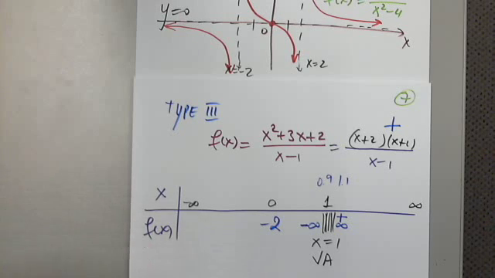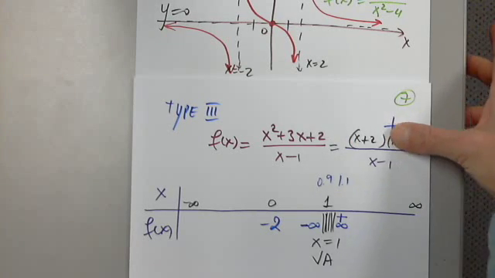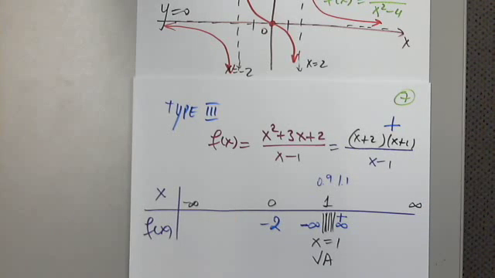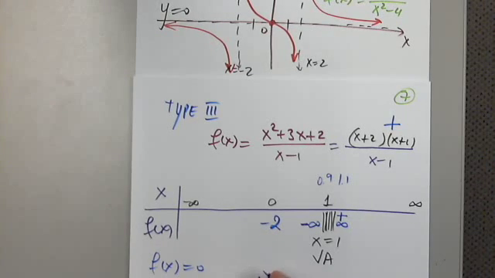Can anyone give us the x-intercepts? -2 and -1. Correct. When the numerator is 0, the fraction is 0. So f of x equals 0 means x plus 2 times x plus 1 equals 0, and the two options are -2 and -1.